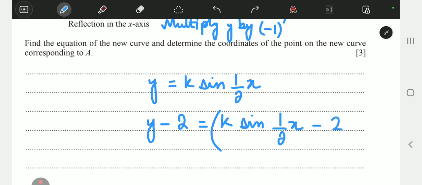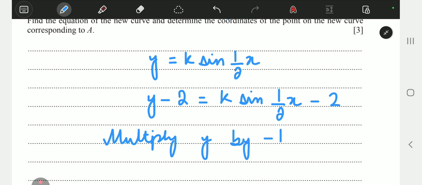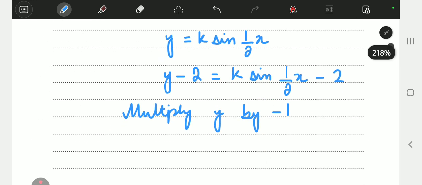Okay, this is the first thing. Then the second is the reflection in the x-axis, so multiply y by minus 1.